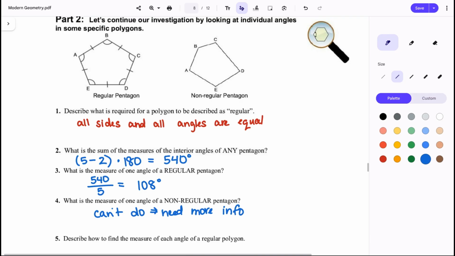I would need to know the relationship between those angles. Like, are there any that are the same? Are they all totally different? Or I'd have to know most of them in order to figure out a way to solve them. Or if they gave it to me as an algebraic expression, I'd have to add all those pieces up, set it equal to the sum, and be able to work backwards that way.